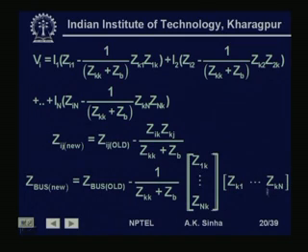If we do multiplication, this will be again an n by n matrix. So this n by n matrix that we will get is divided by this term Zkk plus Zb, that is, all elements of this matrix will be divided by this term, and that is subtracted from the old n by n Z bus matrix.